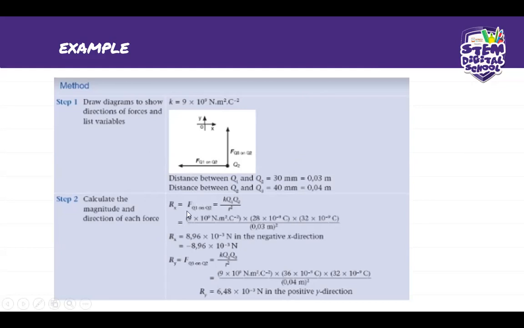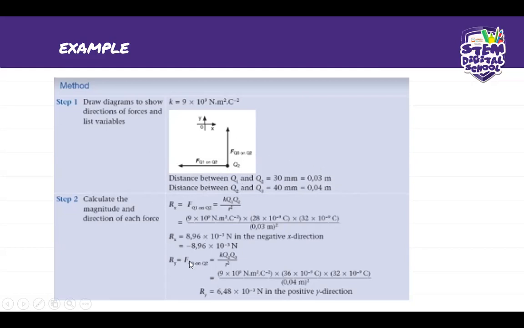Our Rx is equal to Q1 on Q2, and that will give us this formula, and we've got our constant, so we use what is given, the 28 times 10 to the power of minus 9 times 32 times 10 to the power of minus 9, divided by the distance, which is this one that we have here of 0.03 meters.